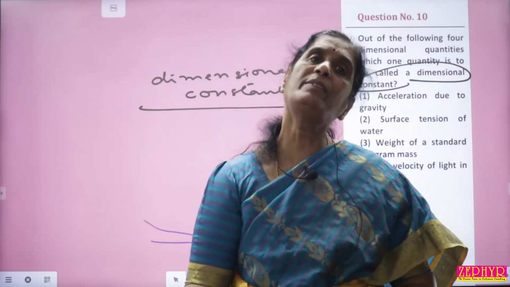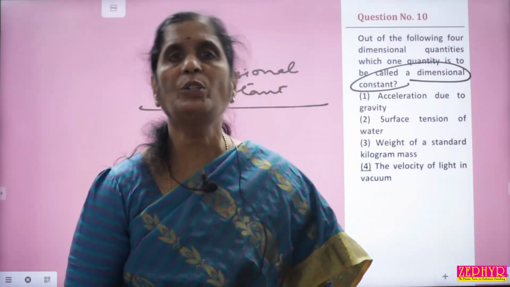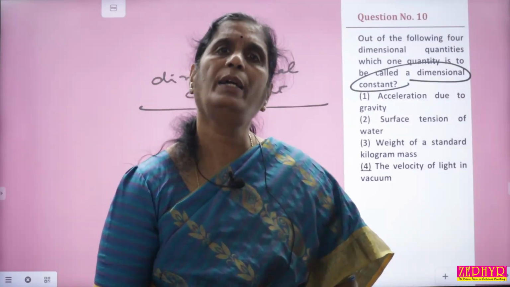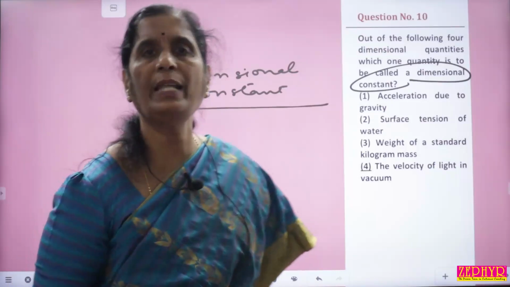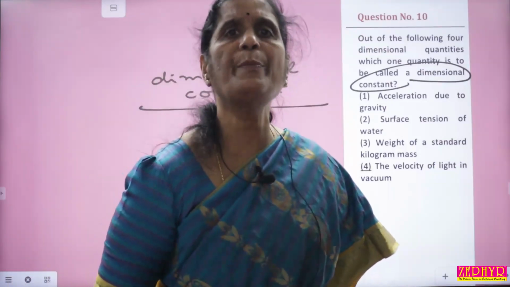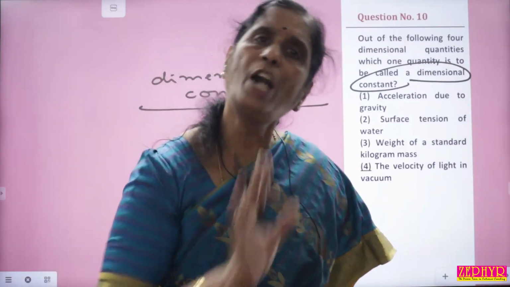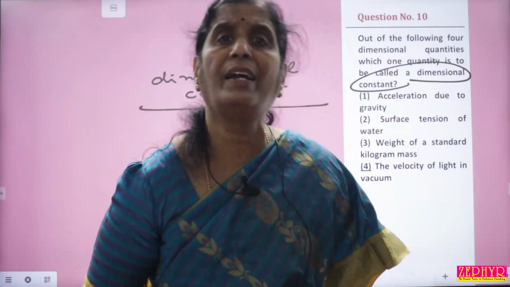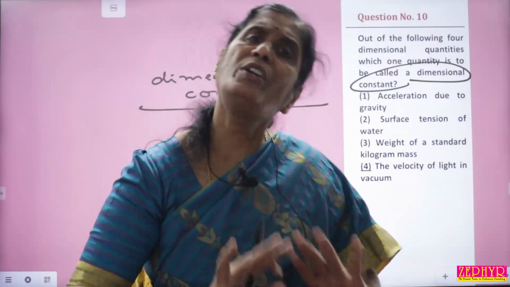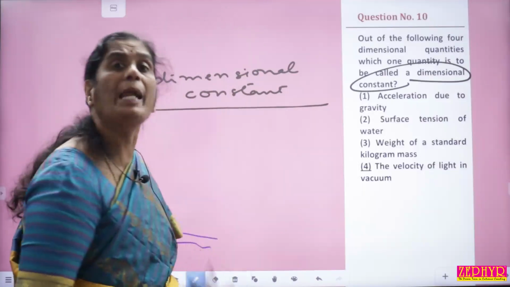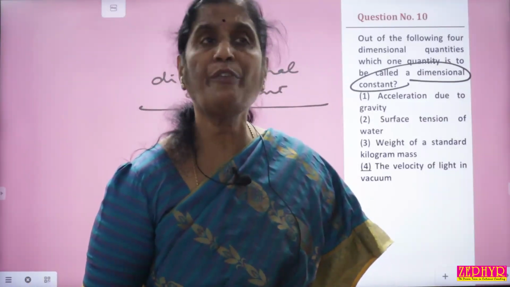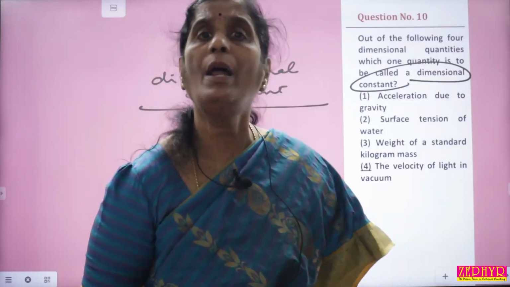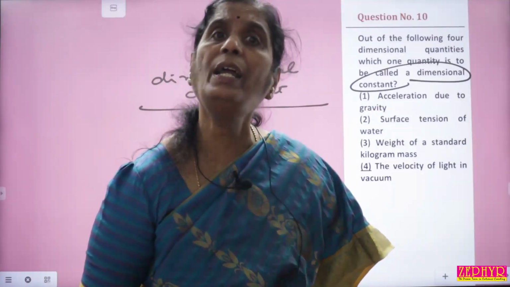So these are all universal constants. They should not change with the place or with the temperature. But they may have dimensions also. Gravitational constant has a dimensional formula, velocity of light in vacuum has a dimensional formula, Planck constant has a dimensional formula, like that.